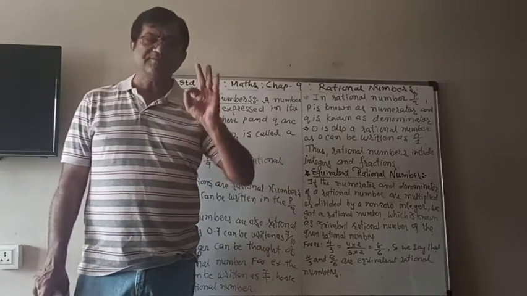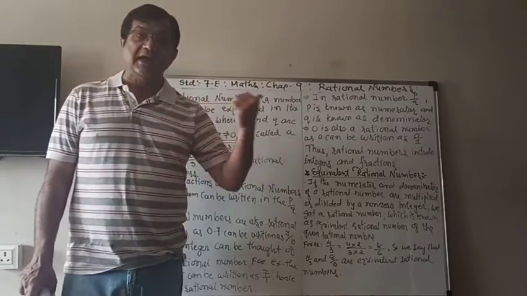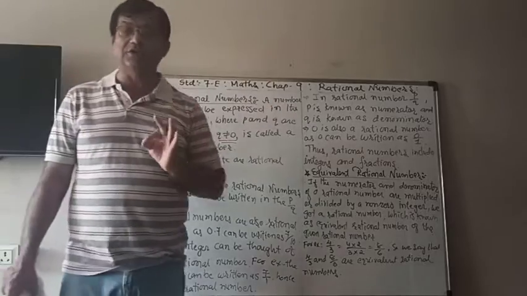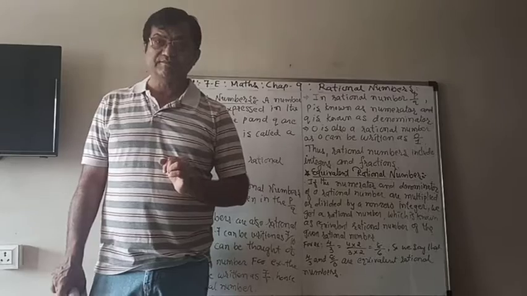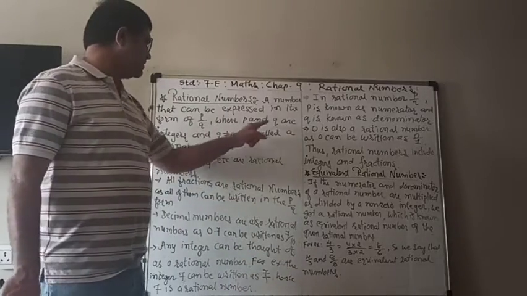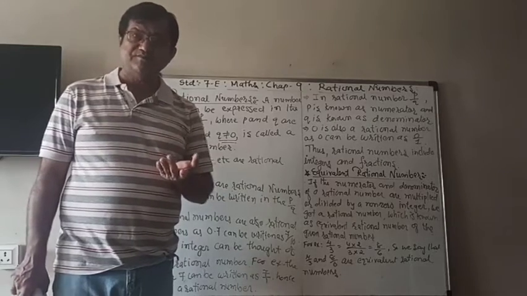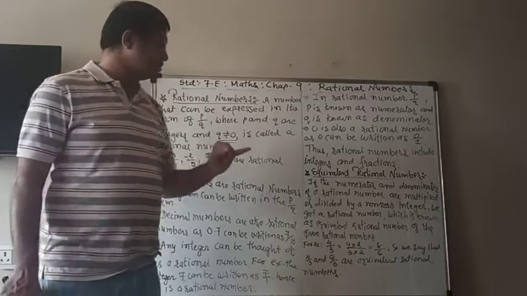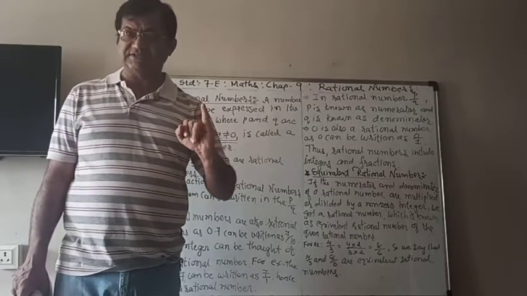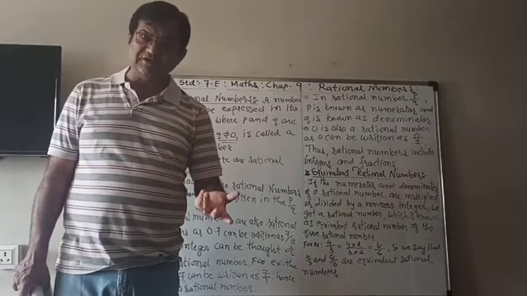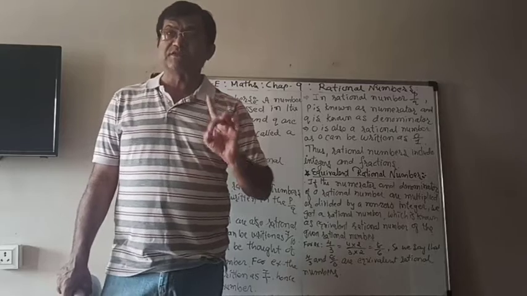It means that when a number can be expressed as the form of P upon Q, but there is some condition. Condition is that P and Q are integers. Integer means it can be 0, but only Q cannot be 0. P and Q are integers, meaning that can be positive integers, that can be negative integers. P can be 0 also, but Q cannot be 0.